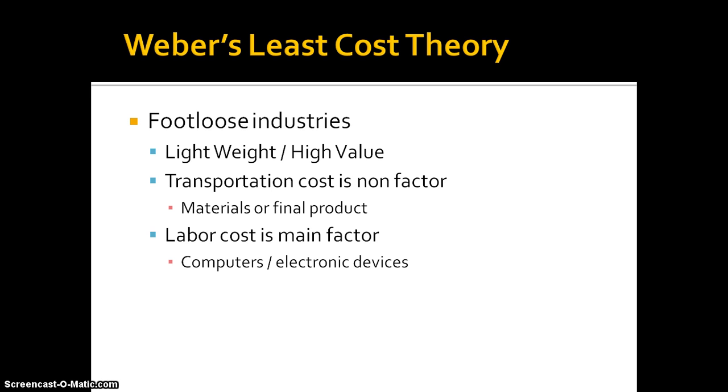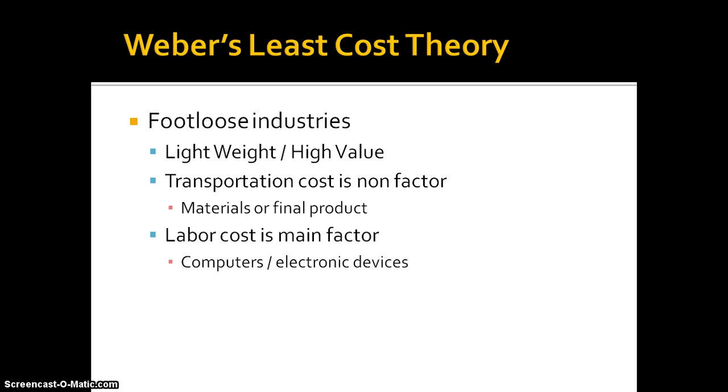But they're also high value items, and because they're lightweight and high value, and a lot of times they're pretty costly in terms of their manufacturing, the transportation cost is, as it says, a non-factor. When I say that it's a non-factor, it means that transportation cost is going to be one of the things that the company doesn't really consider because a lot of times they're looking for lower labor costs.